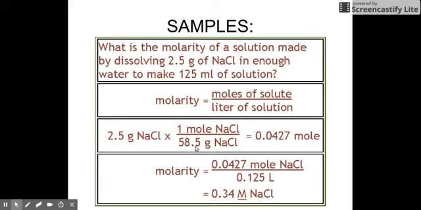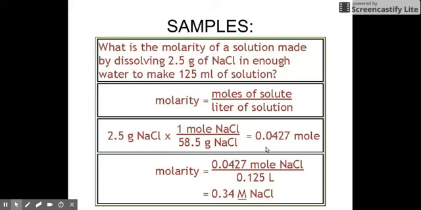And the 2.5 grams will be divided by that molar mass equivalent. So 2.5 grams divided by 58.5 grams will give you 0.0427 mole of your NaCl. So using the molar mass, you can get the mole amount.